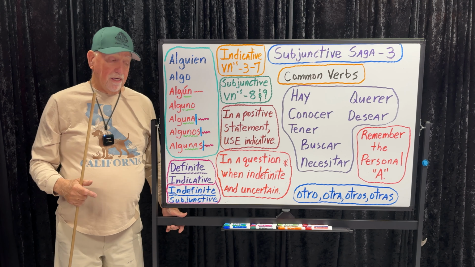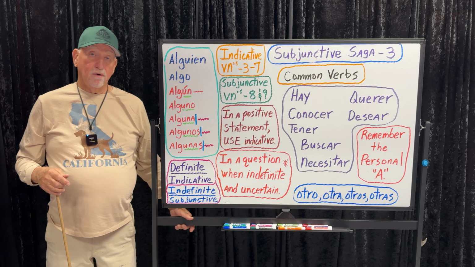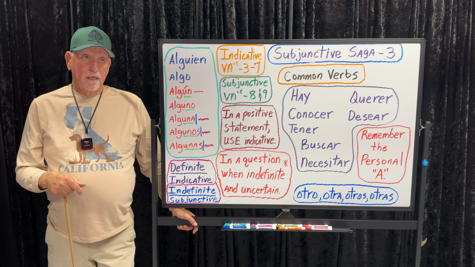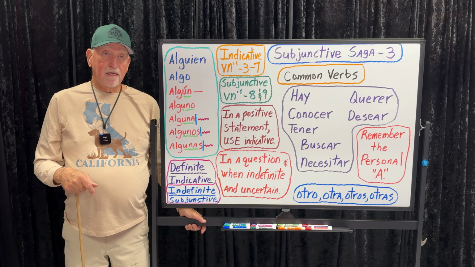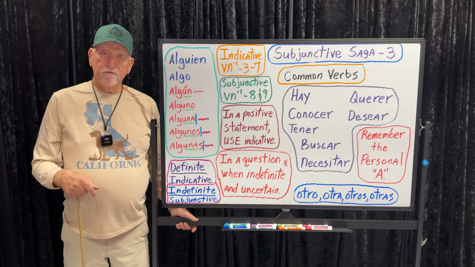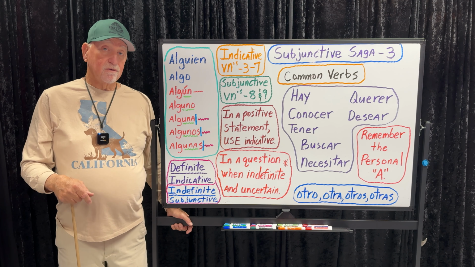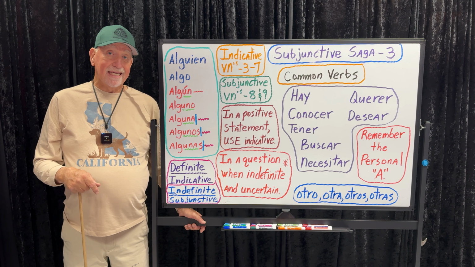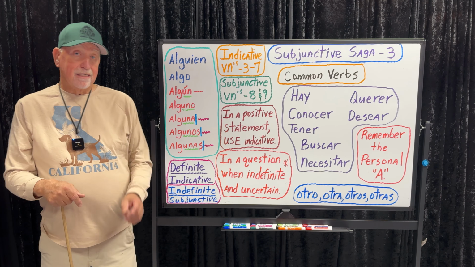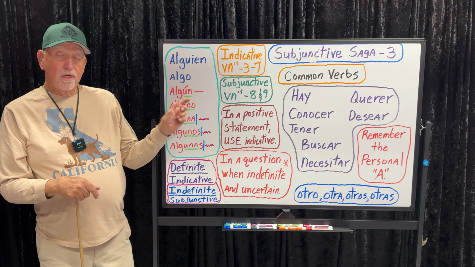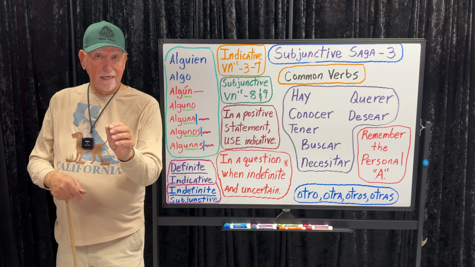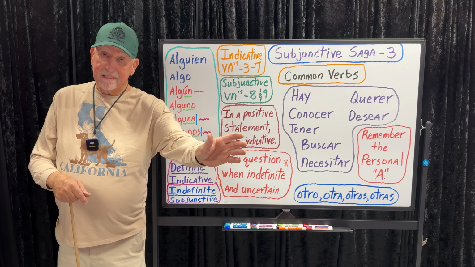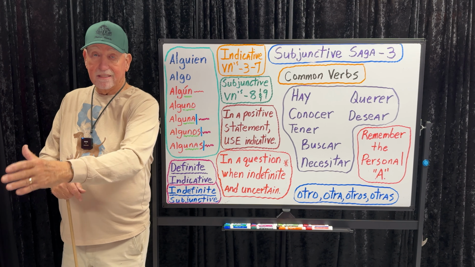Let's take tener. You go to a hotel and you ask the clerk, ma'am, do you have a room with an ocean view? Do you have a room that has an ocean view? ¿Tiene usted, señora, un cuarto que? Now we're at the que. Here's your un cuarto, there's your un. ¿Tiene usted un cuarto que, is it going to be tiene vista al mar or que tenga vista al mar?